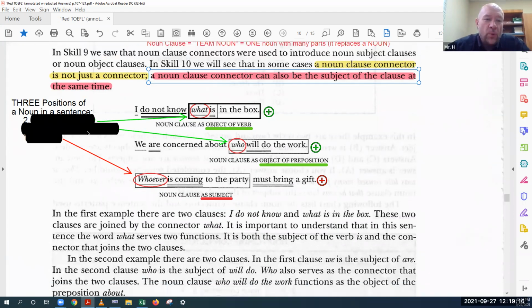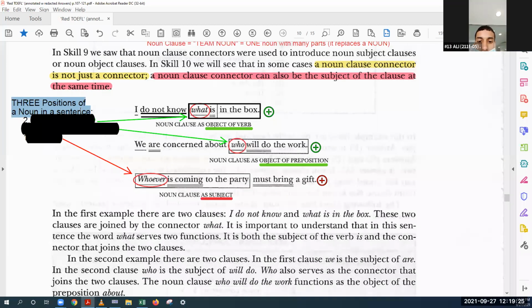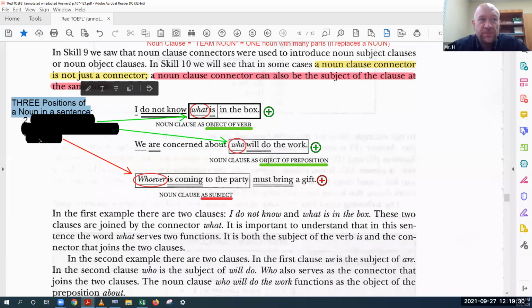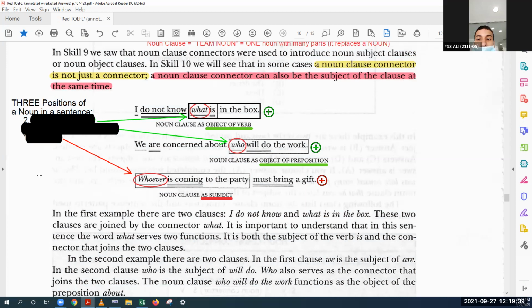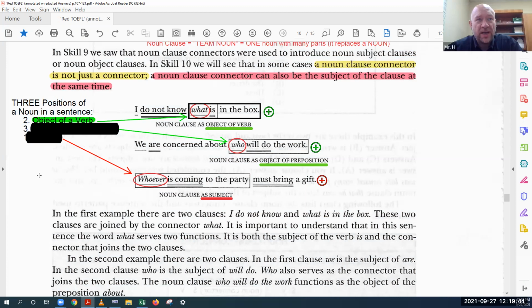So now, Ali, what are the 3 positions of a noun in a sentence? What's the first position? Subject. Okay, and then? Object. Object of what? Well, object of a verb, and then?